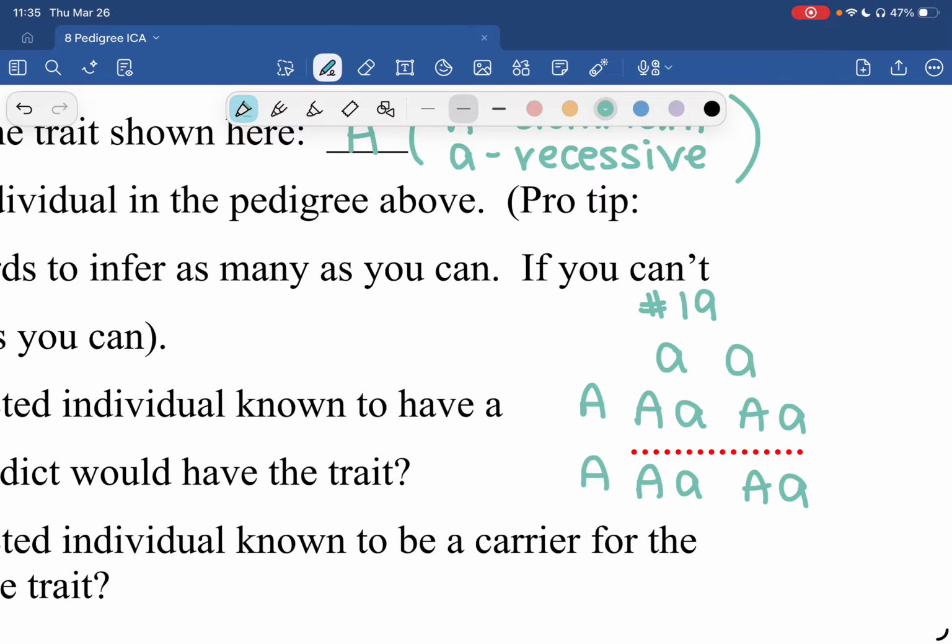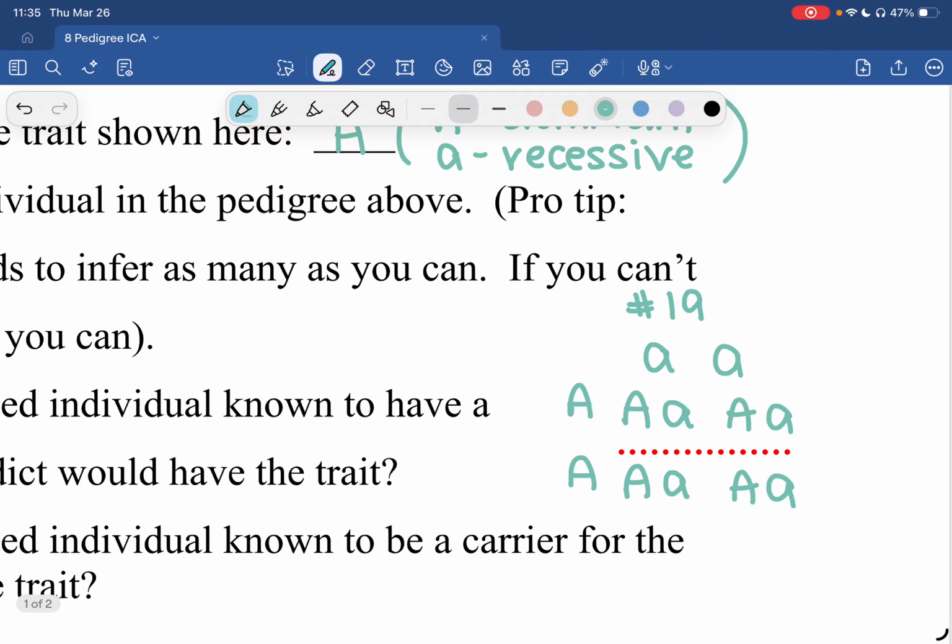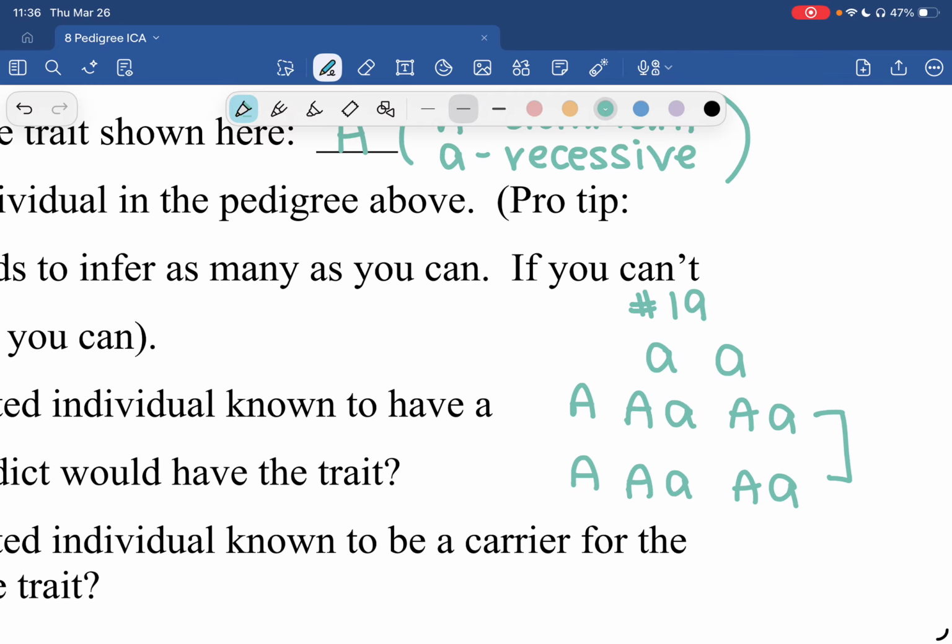Okay, and then here is where we would notice that all of the individuals here are heterozygous, so 100%, 4 out of 4, whatever you want to write, are unaffected, but they are all carriers. Because they all carry that little a, which is the recessive trait.